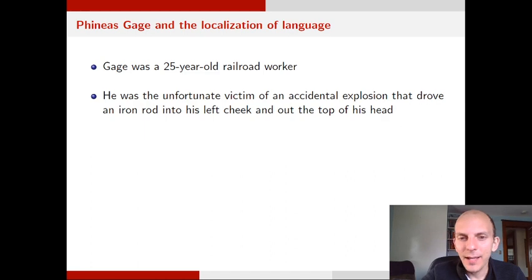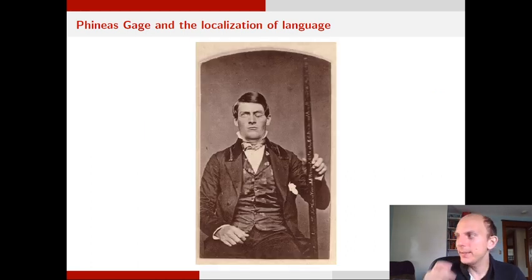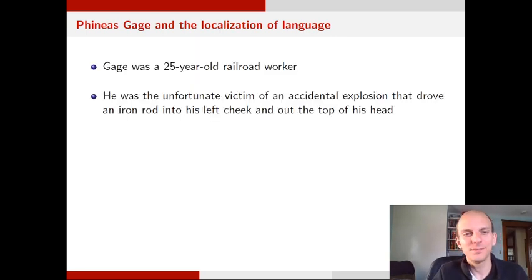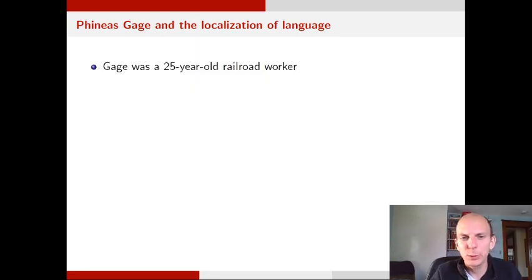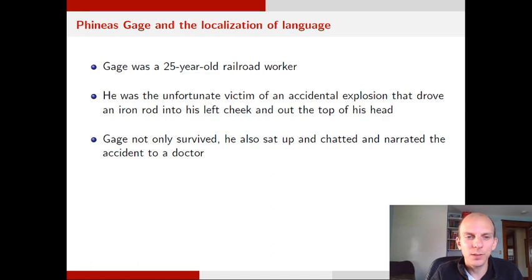A railroad spike, this very same railroad spike, I presume, was driven through his head. It went into his left cheek, you can see his left eye being closed there, and out the top of his head.